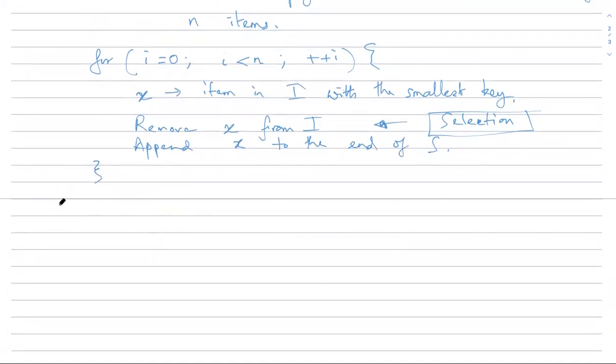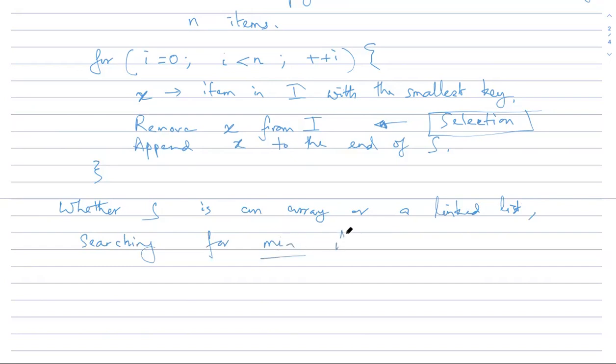So in this case, whether S is an array or a linked list, searching for minimum item, because this involves looking for, this is where the search is involved.